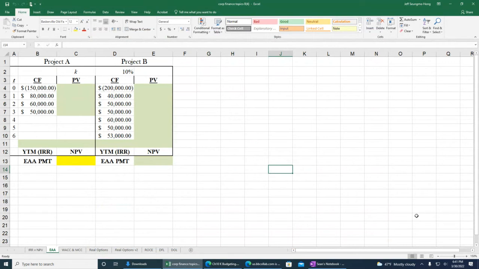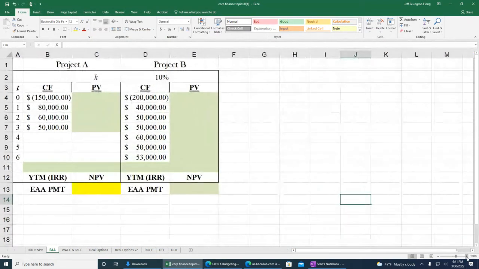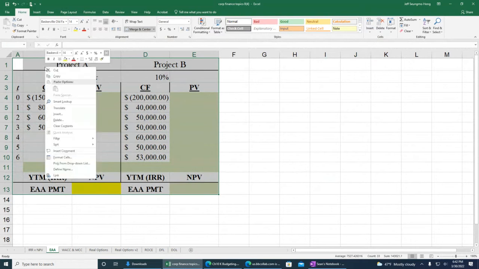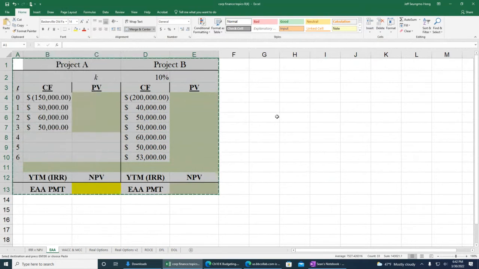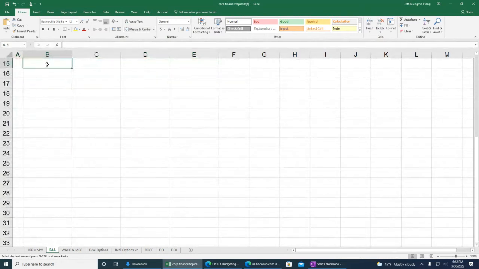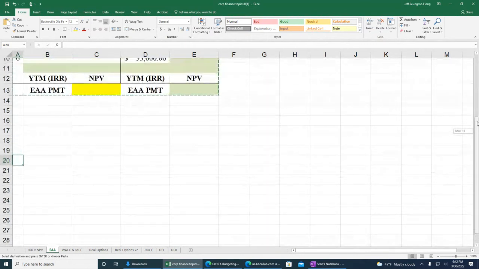So we go to this, right? Did you all download this? Let me copy this. The numbers are slightly different, so I'll place it here and let's see.